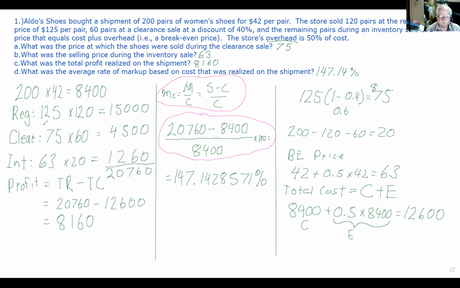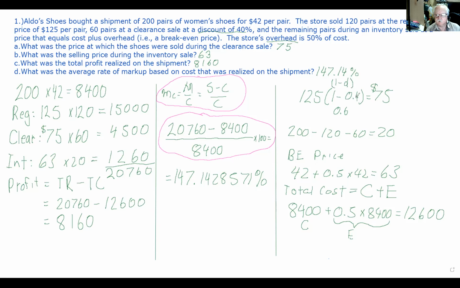Over here, we figured out the price at the clearance center, because the clearance center price, they were sold at a discount of 40%. So we were given the regular selling price of 125, but if they're sold at a discount of 40%, this is our 1 minus D equation.